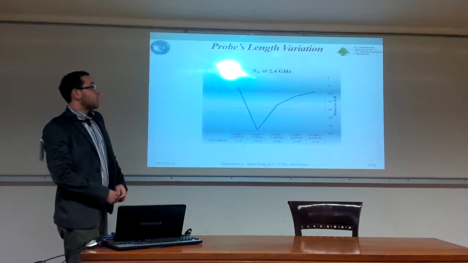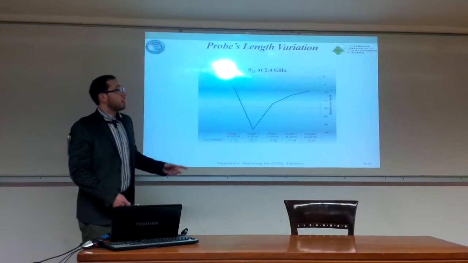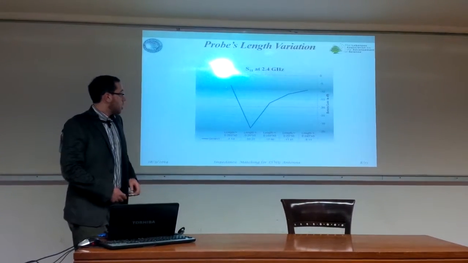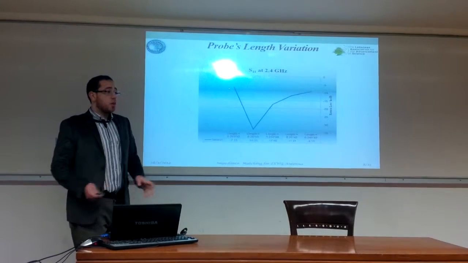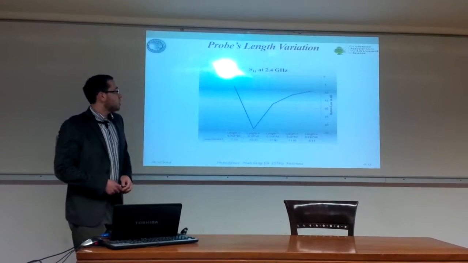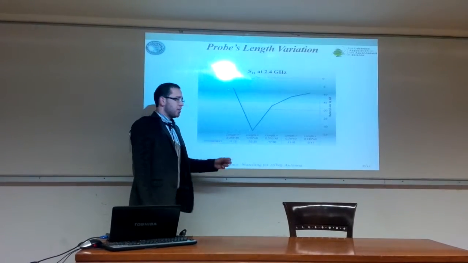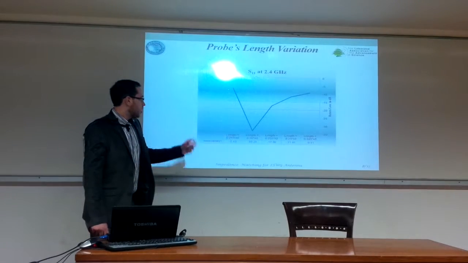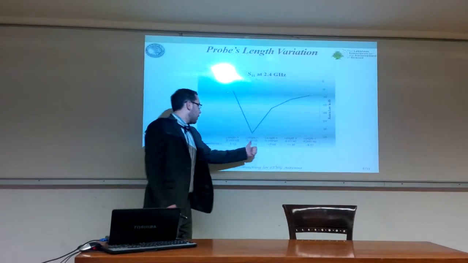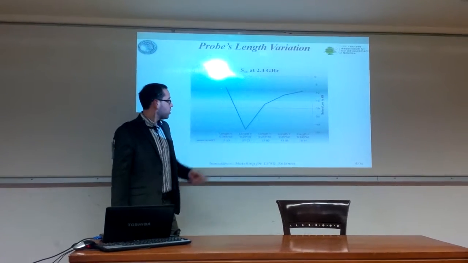Okay. The last degree of freedom we used was we varied the probe's length, the excitation. Practically speaking, we use a quarter lambda 0 for excitation, and we varied it only a little bit. We started to decrease and increase the length of the probe.